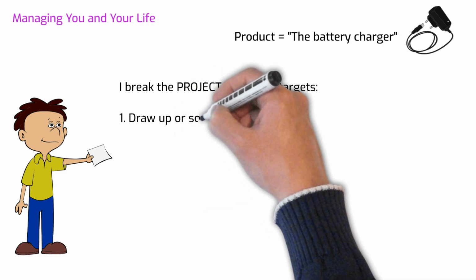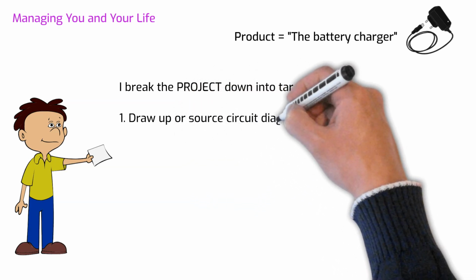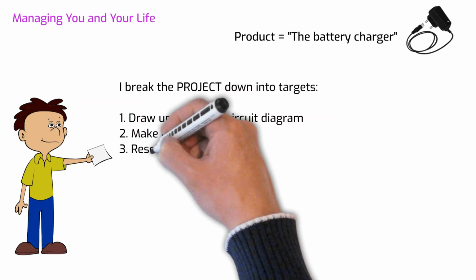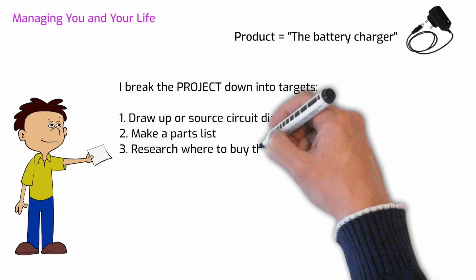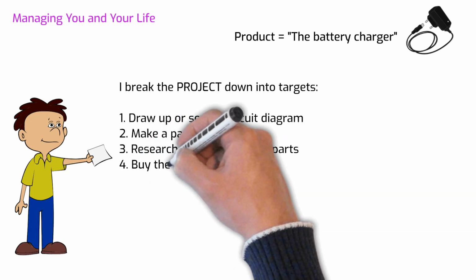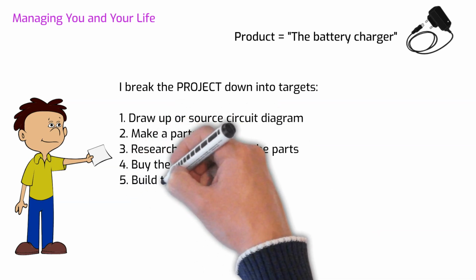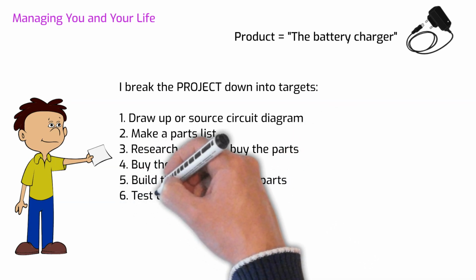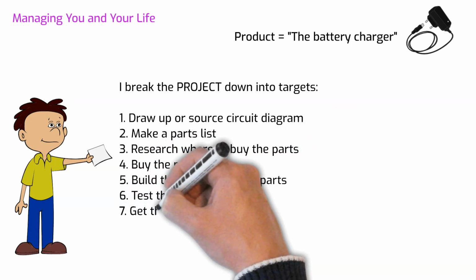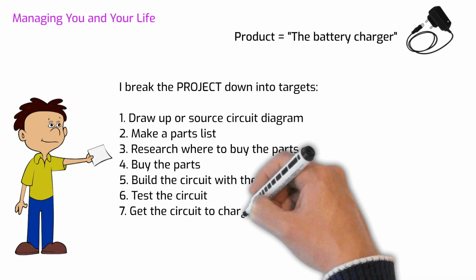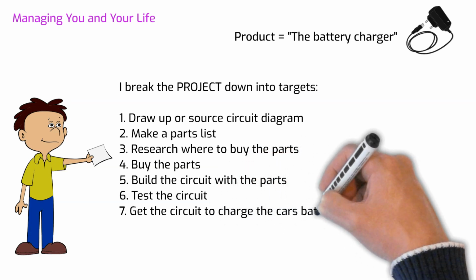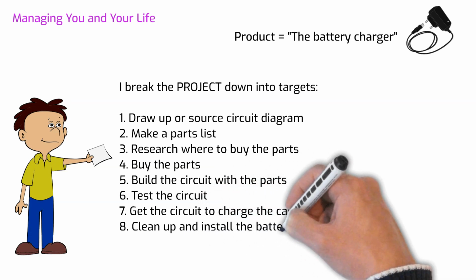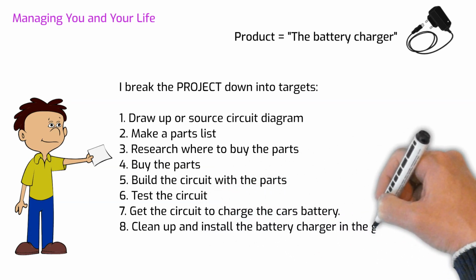Number 1, draw up or source circuit diagram. 2, make a parts list. 3, research where to buy the parts. 4, buy the parts. 5, build the circuit with the parts. 6, test the circuit. 7, get the circuit to charge the car's battery. 8, clean up and install the battery charger in the garage.